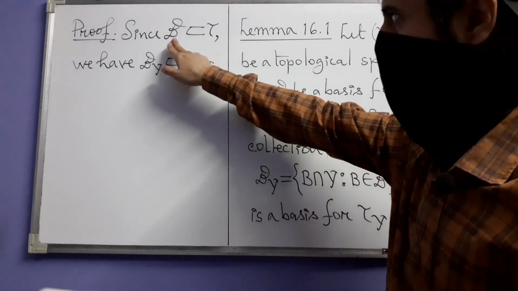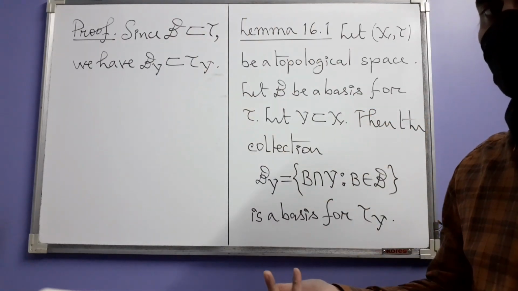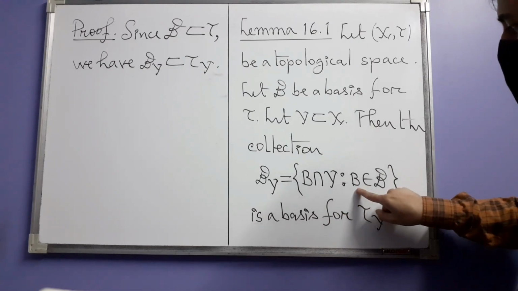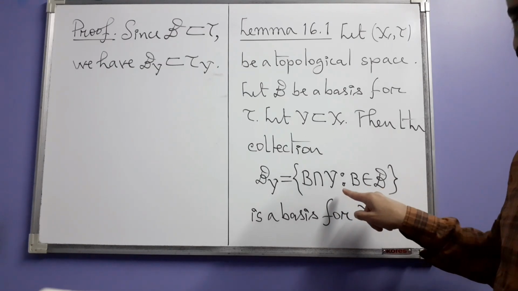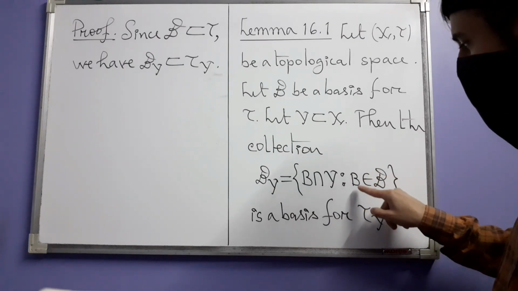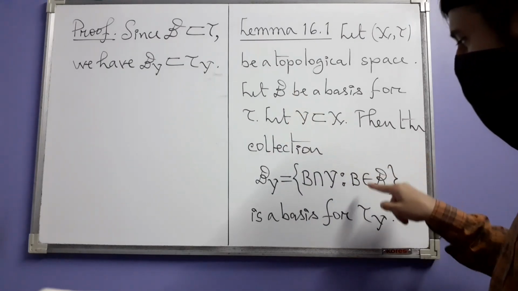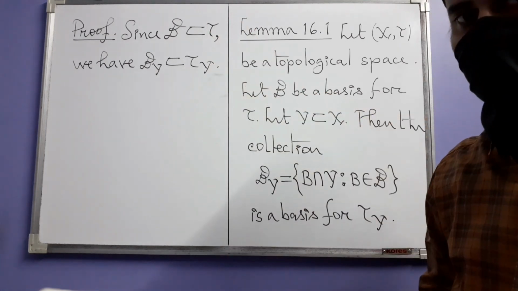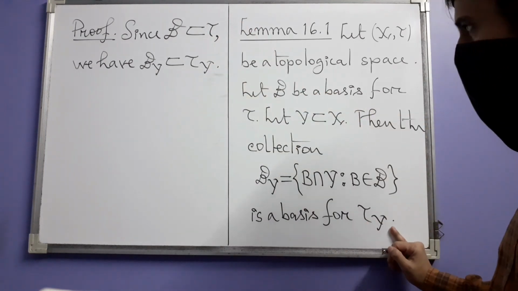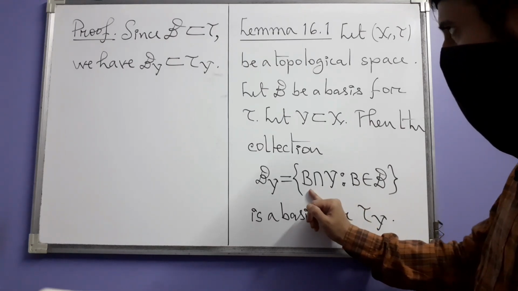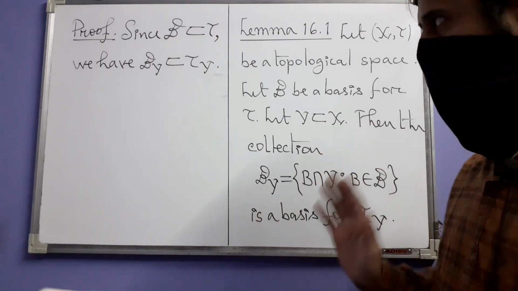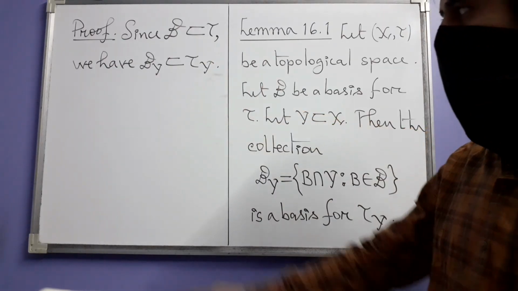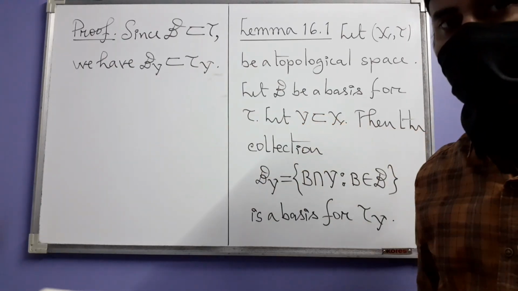That is why this basis is a subset of tau. What does that mean? It means that if you choose a basis element B from the given basis B, then that capital B is also in tau. So by the definition of the subspace topology tau y, this intersection is in tau y. That is how any element in By is also in tau y. So By is a subcollection of tau y.